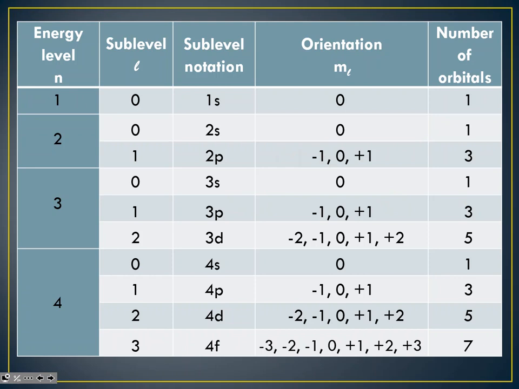Oh, I did sum everything up for you in a nice chart so that you can always refer to this as well. In the first energy level, there's only the one sub-level, which happens to be 1s. The orientation is 0. The total number of orbitals is 1. Principal energy level 2, you have 2 sub-levels. The orientation, M sub L, goes from -1 to 1.